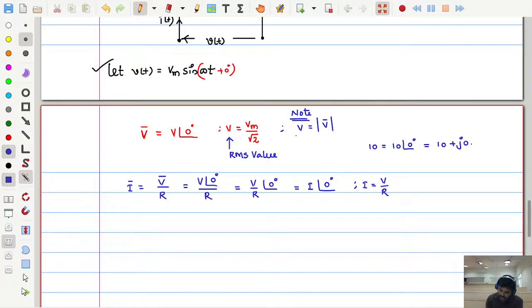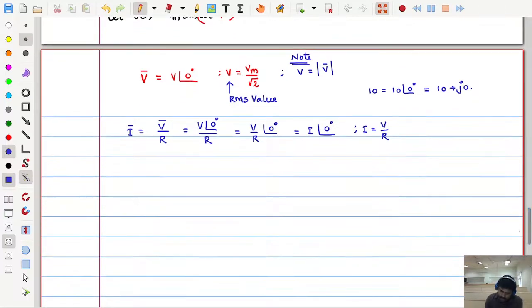So I got the current, I got the voltage. Now, can we plot these two things onto a phasor diagram? This is also very important. All of you concentrate carefully. Whenever you want to draw the phasor diagram, preferably take a coordinate system like this.